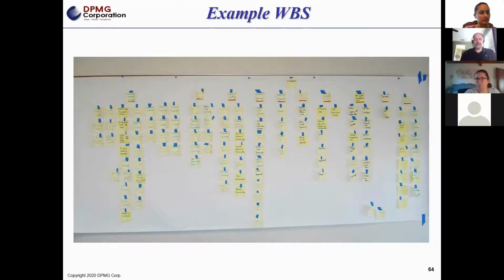Then every plant or every location would take their individual piece out of here and create their own work breakdown structure for how we were going to deploy it at each facility. But this was the corporate level work breakdown structure. By the way, you can't see the other ends of the wall, but there was a lot more than this.